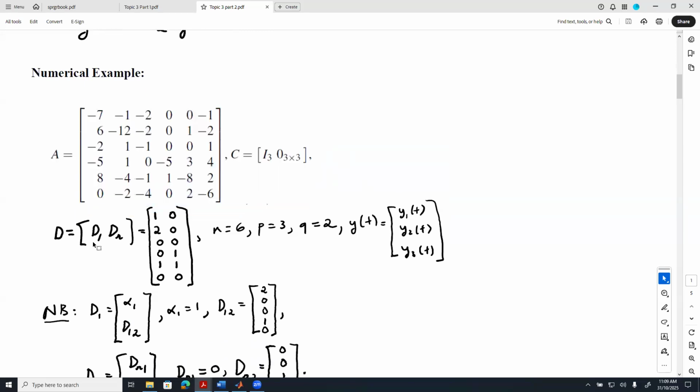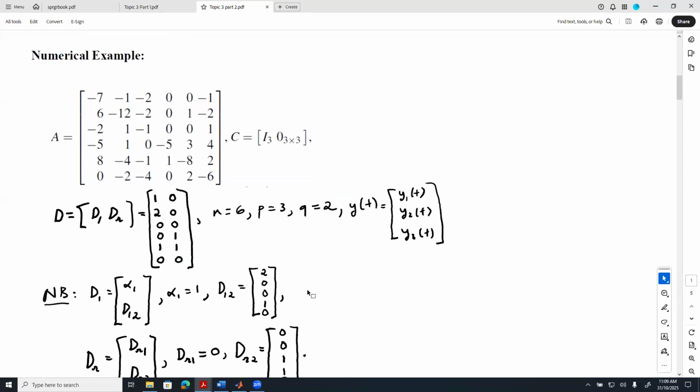In here, we now have two unknown inputs, and so the matrix D has two columns. The first column is D1, which is the one from the last topic, and the other column comes from the other unknown input.